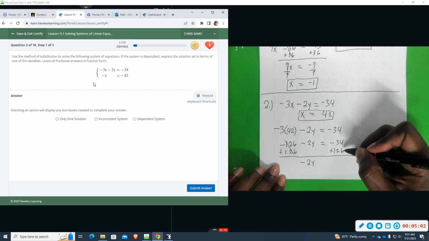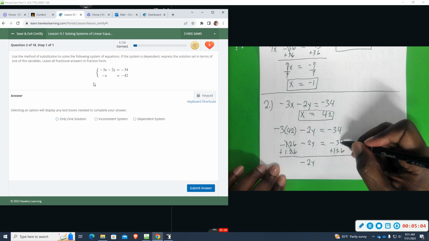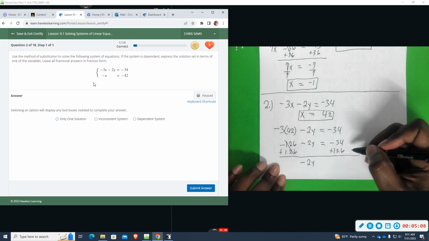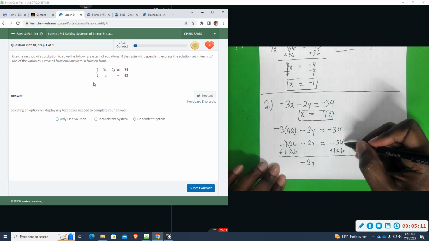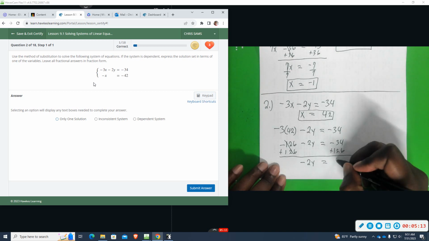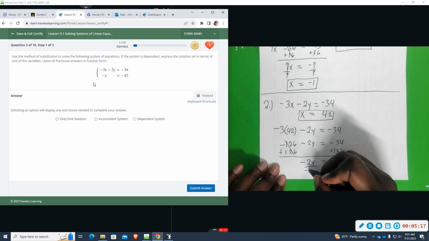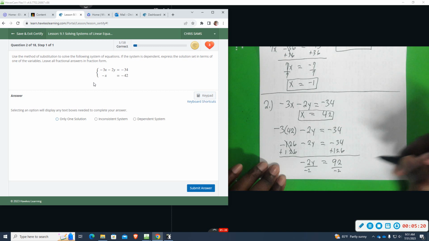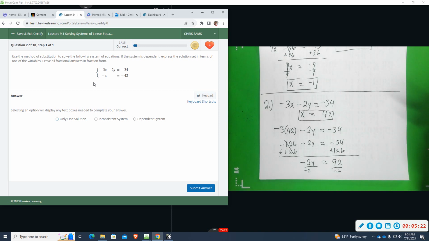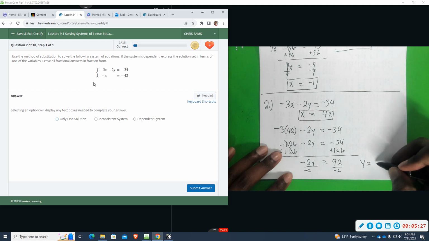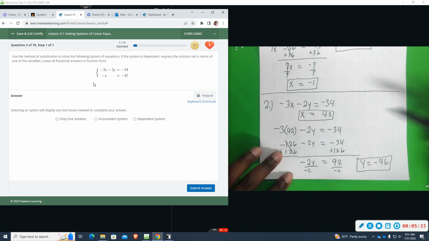Subtract here, it will give us 92. Divide by negative 2, and this will give us y equals negative 46. So we have y equals negative 46, x equals 42.